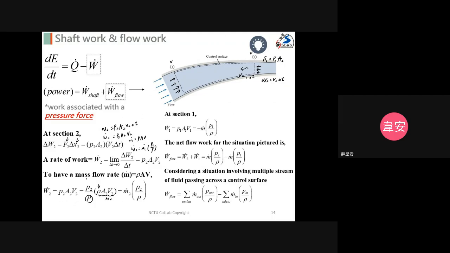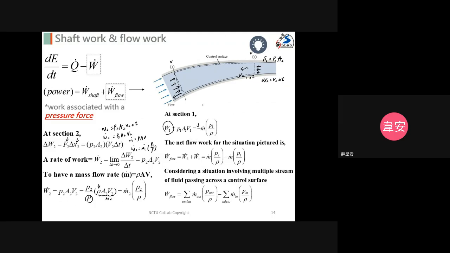So similar to W2, we can rewrite W1 in terms of the m rate, and we have P1 and rho. Then the actual difference here compared to the cross section 2 is that there is a minus, because as we know, the minus is for the inflow cross section area. So that's why we use the minus: the normal vector of the cross section area is opposite to the flow direction.